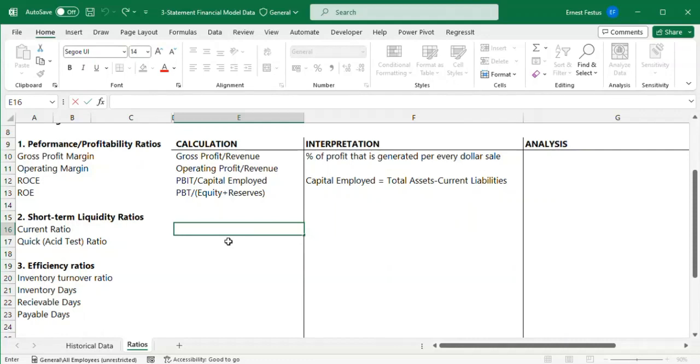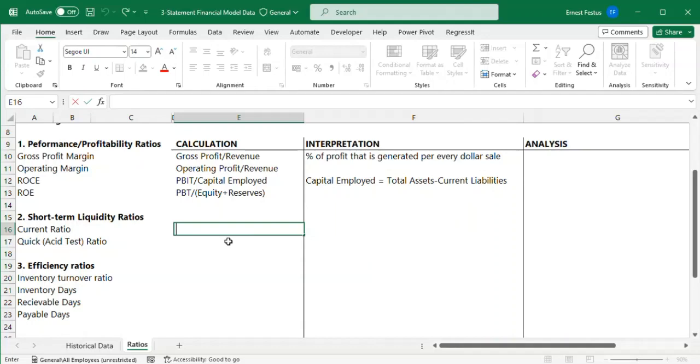Okay, so how quickly is the business able to meet short-term obligations as they fall due? That is what we call the short-term liquidity ratios.